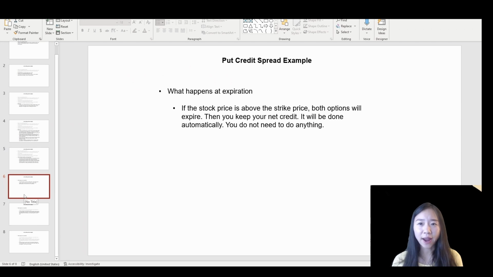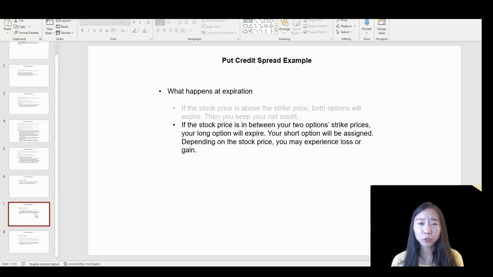Just to quickly summarize: if the stock price is above both of your strike prices, both options will expire, and you will keep your net credit. This is typically done automatically by the brokerage, so you don't need to do anything. If the stock price is in between your two option strike prices, your long put option will expire and your short put option will be assigned.